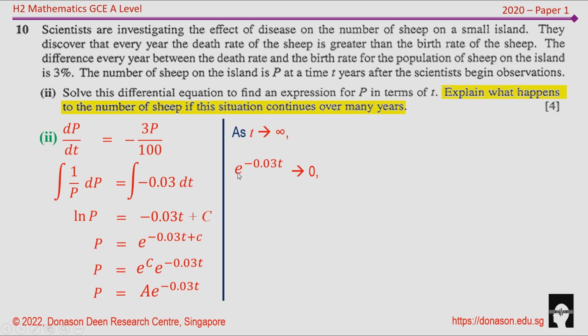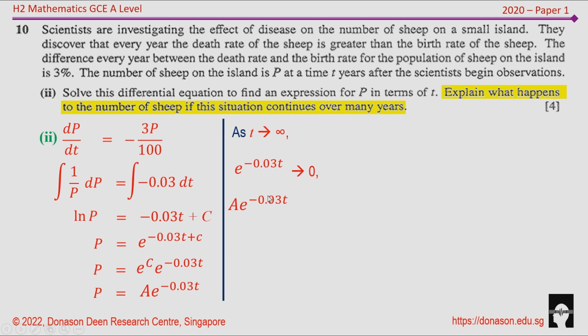The reason is 0.03 times infinity is going to become infinity, and e to the power of negative infinity is the same as 1 over e to the power of infinity, and that is going to become 1 divided by infinity, and of course that's going to become an extremely small number, almost 0.